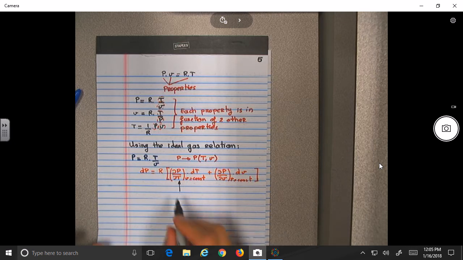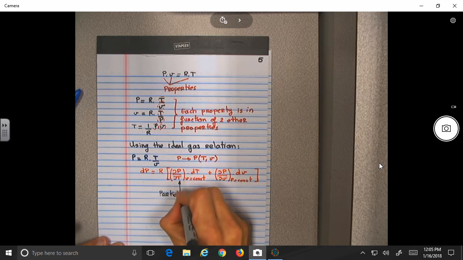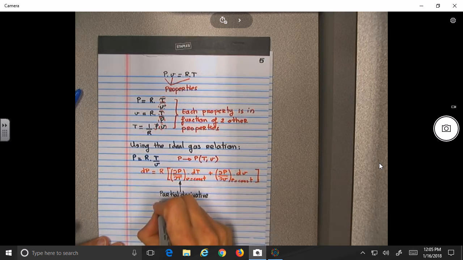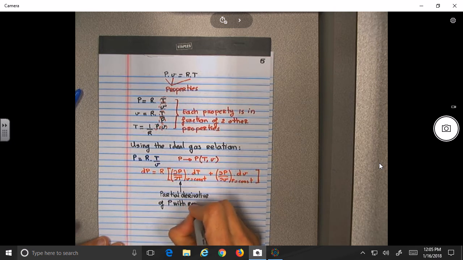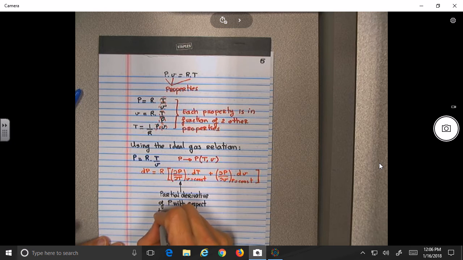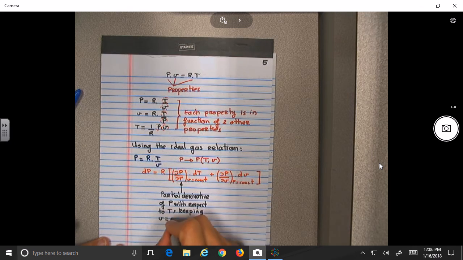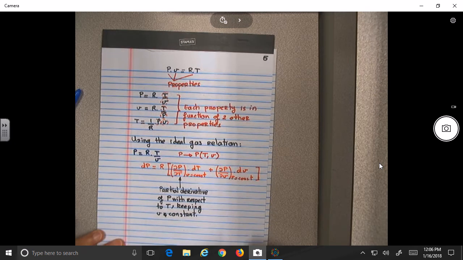I mean, I'm not asking anything complicated. It is the partial derivative of P, the pressure, with respect to temperature T, keeping the specific volume V constant.